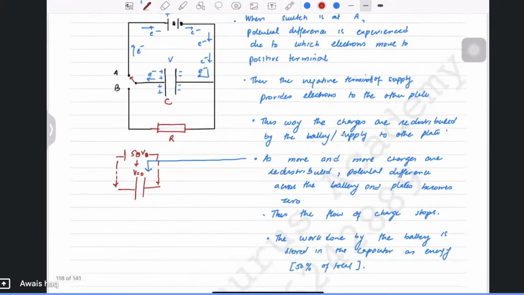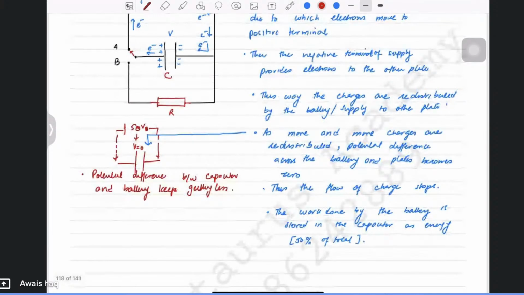So what happens is that the potential difference between capacitor and battery keeps getting less.